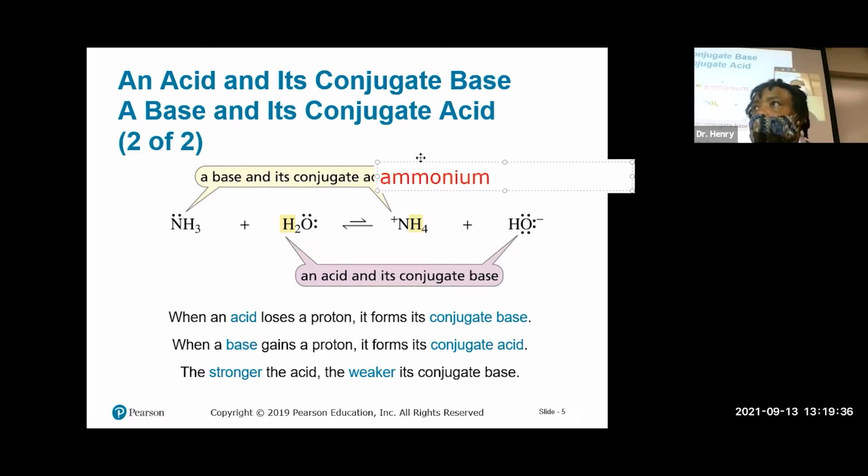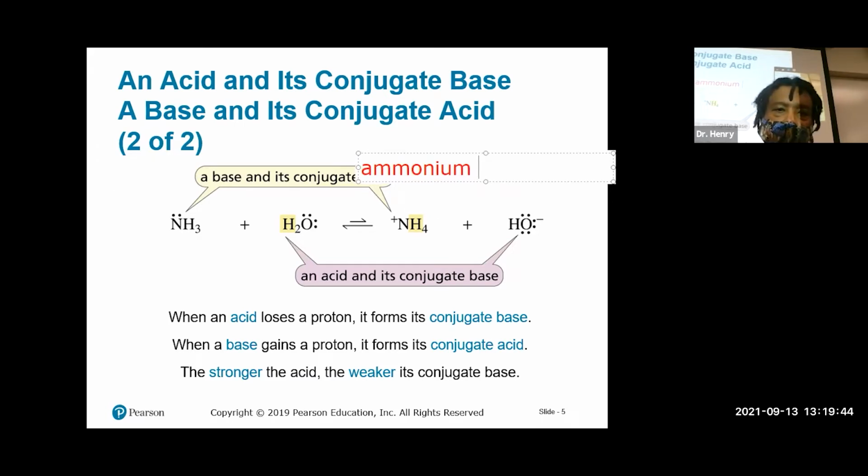So that's ammonium, and this is ammonia. They're different. I apologize. So in this case, we've taken that H plus and added it to the ammonia. And then we're left with the hydroxide. So that's the hydroxide ion.